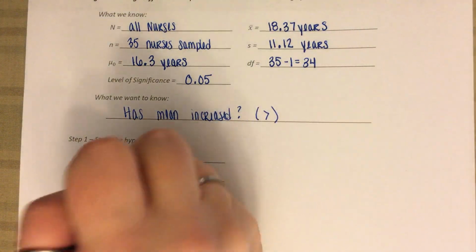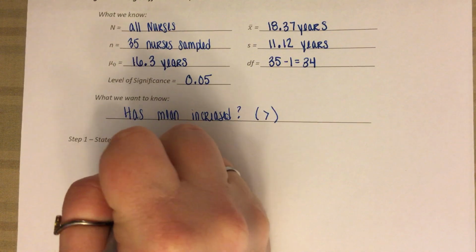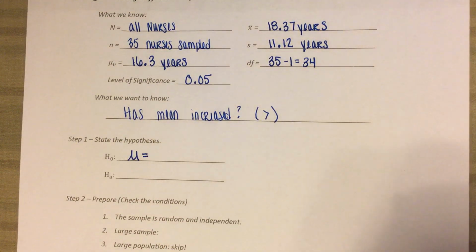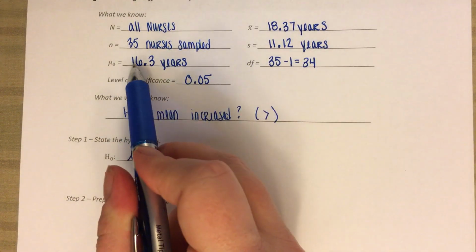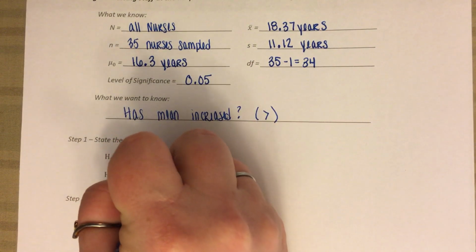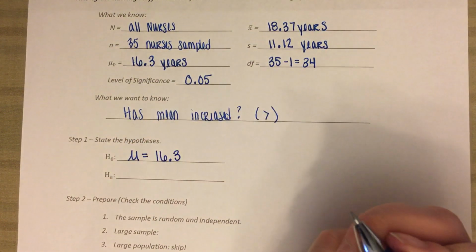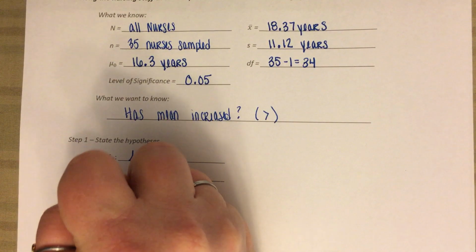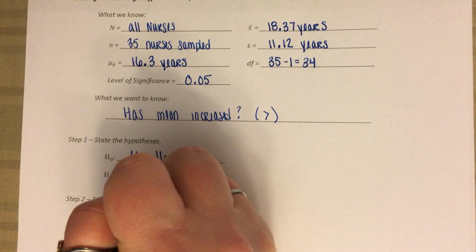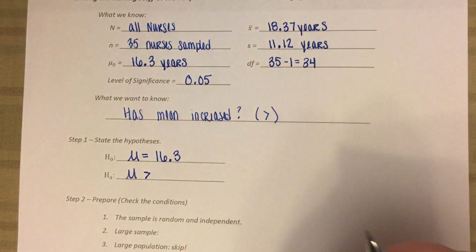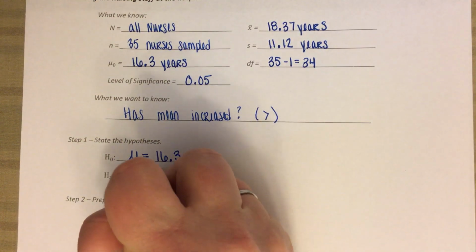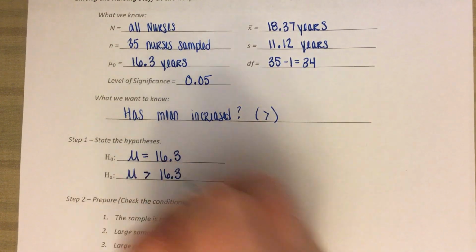Our null hypothesis, both of these we're starting with mu, and we're using this mu naught value that we have here. So mu is 16.3. And our alternative hypothesis, in this case we're asking if it's increased, so mu is greater than 16.3.